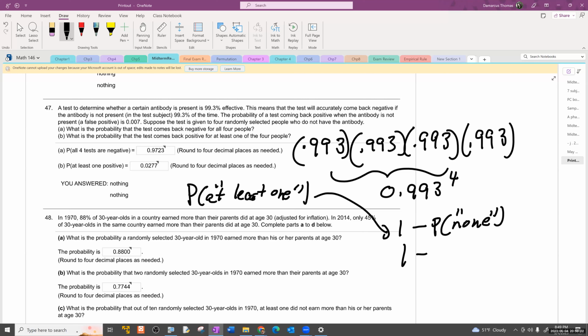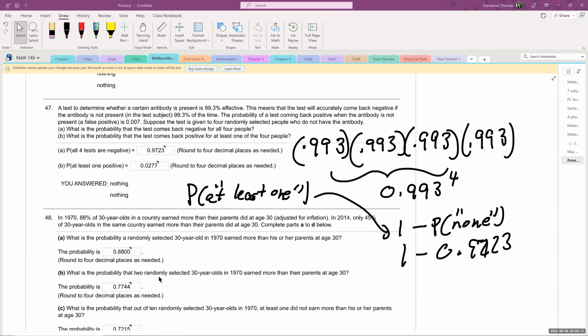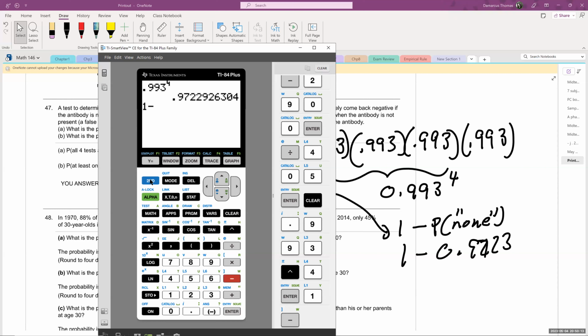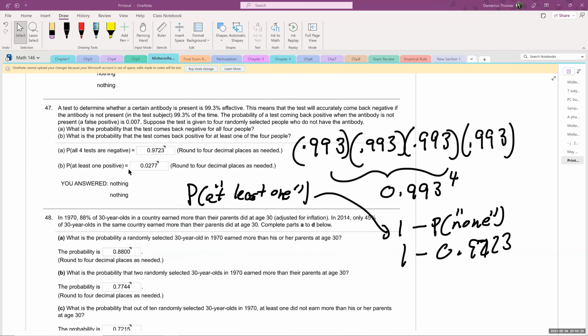So wouldn't the answer just be 1 minus part A, 0.9723? And I can do that by doing 1 minus the last answer. 0.0277, and that is the correct answer. This is a chapter 5 type of question.